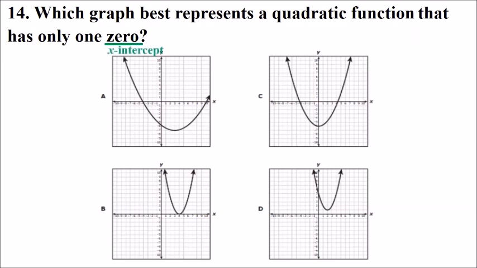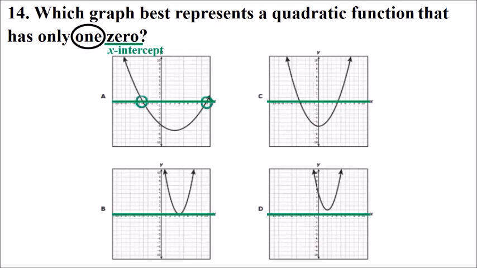Zero means x-intercept. So let's take a look at these x-axes. I'm looking for where these graphs cross on this x-axis. More specifically, I'm looking for a quadratic function that has only one zero. So it's only going to cross the x-axis or touch the x-axis one time.